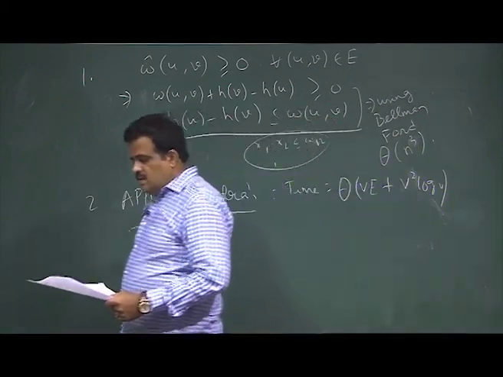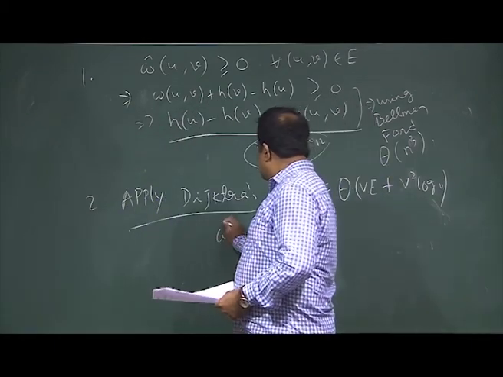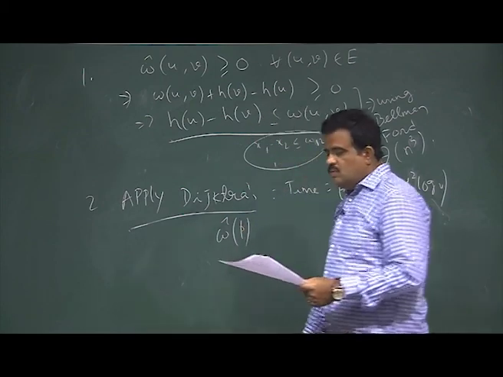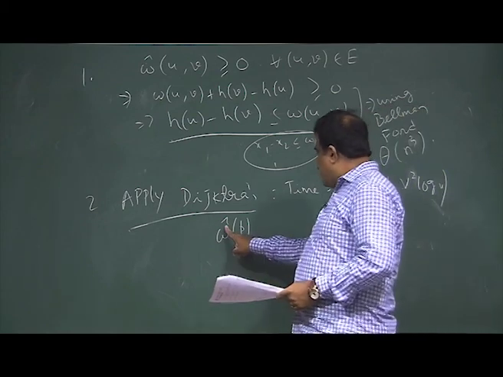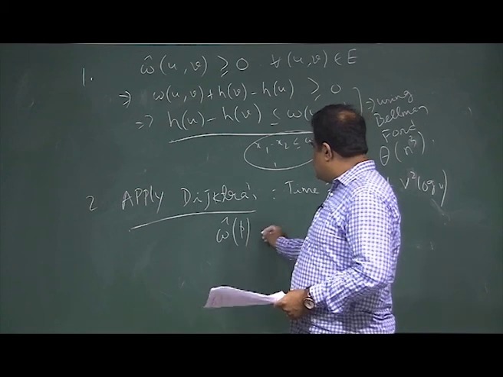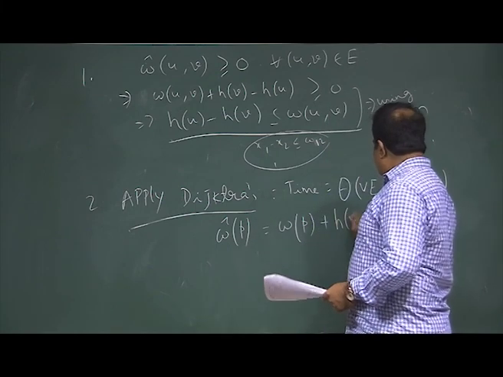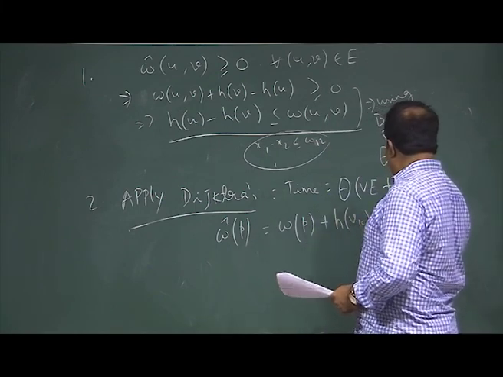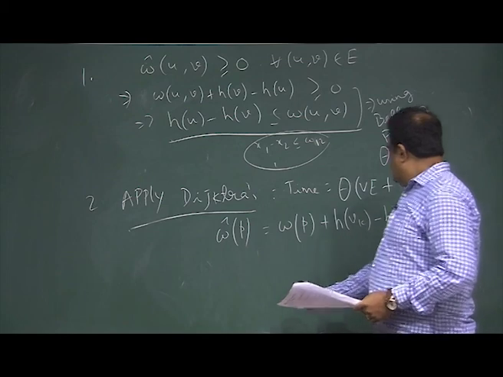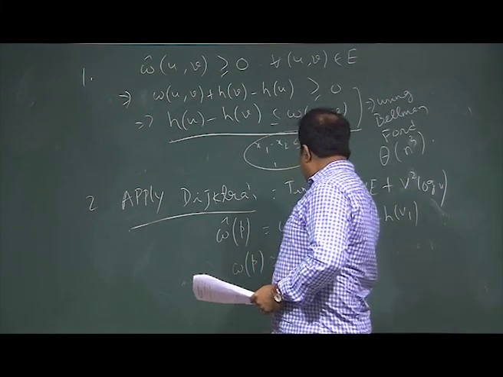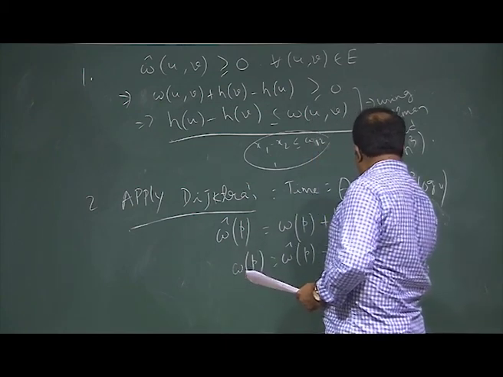Okay. So now we got a path, but this shortest path is w hat p. Now, from w hat p we need to get back the w p. For that we have the formula: w hat p is w p plus h of v_k minus h of v_1. So w p is w hat p minus h of v_k plus h of v_1.